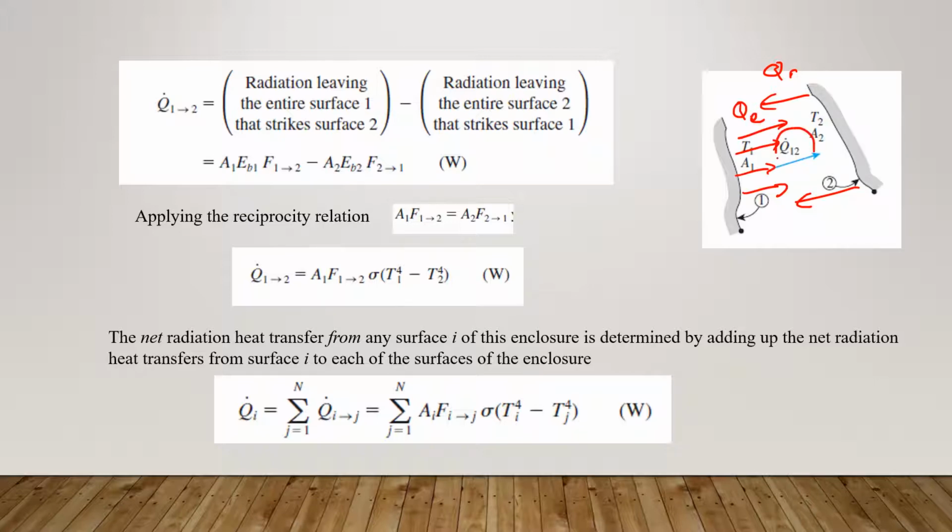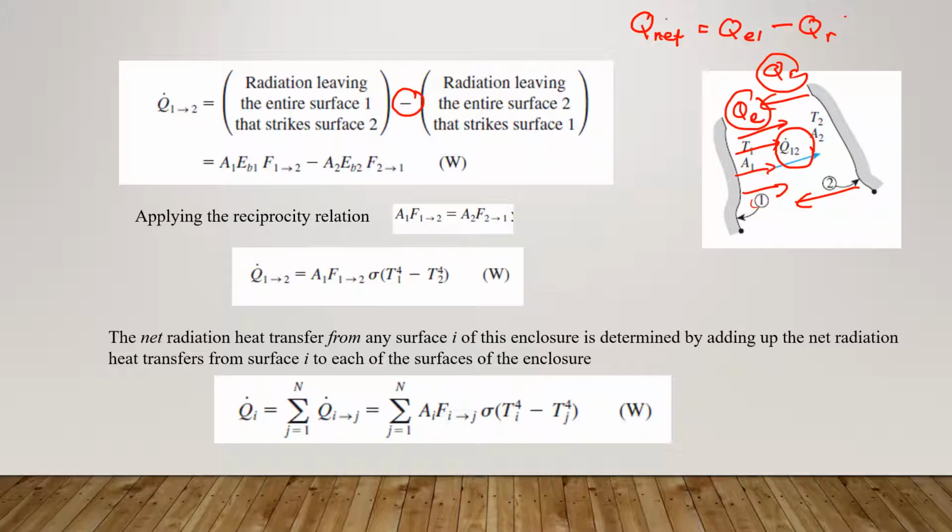In order to find Q, we have to subtract QR from QE. So the radiation leaving the entire surface 1 that strikes surface 2, minus the radiation leaving the entire surface 2 that strikes surface 1, gives the net radiation from 1 to 2. Q reflects from surface 2 and turns back to 1.